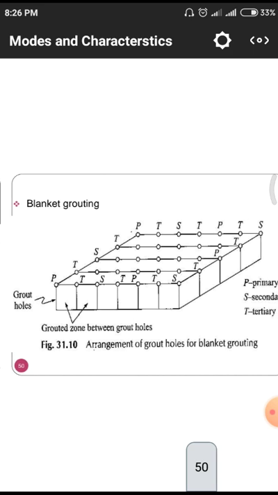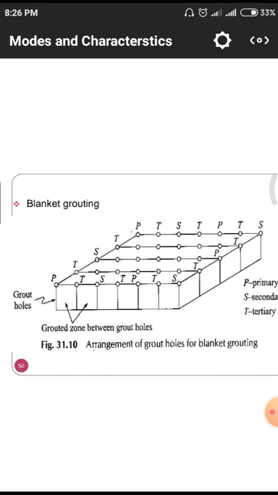And the second process of grouting is blanket grouting. Blanket means, normally in our household we use blankets for cleaning purposes. Here also they have blanket grouting.